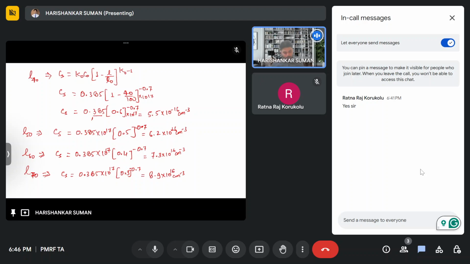And we have already calculated for the length of the ingot. So this is around 4, 5.5, 6, 7, 8, 9.